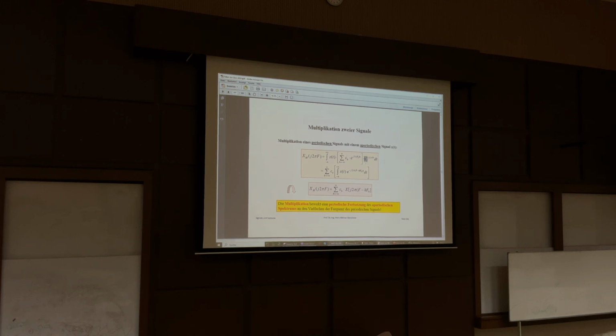Yeah? E to the power of x1 times e to the power of x2 is e to the power of x1 plus x2. So we sum them up here.